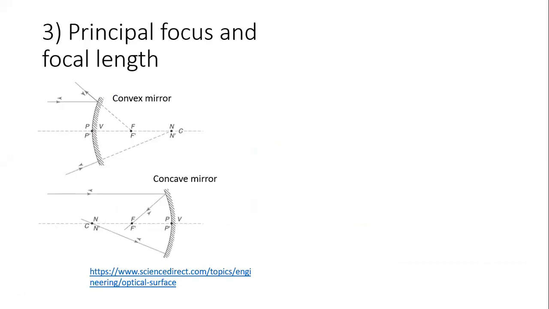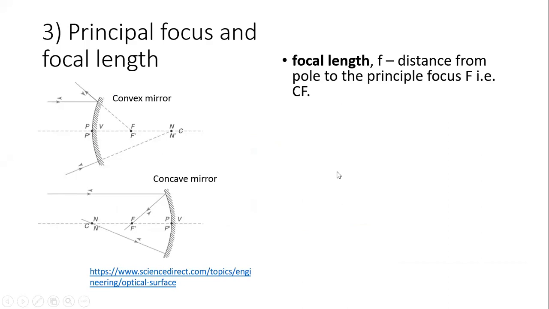Okay, principal focus and focal length. This is the focal length F: the distance from the pole to the principal focus.